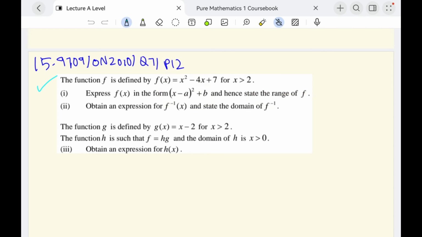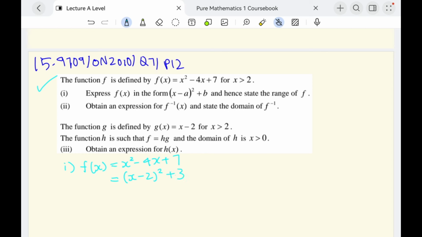So this is beneficial for you to determine the range of the quadratic function from a vertex form. So I may provide the steps. I have f(x) equals x squared minus 4x plus 7. For this part, the marks allocated is very few, so I may directly give you the vertex form.